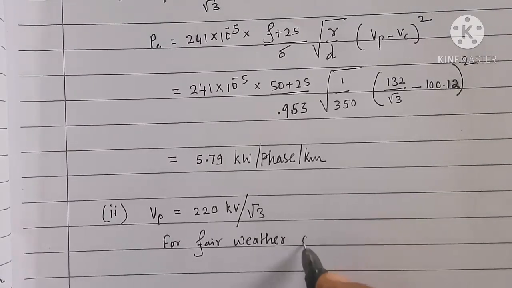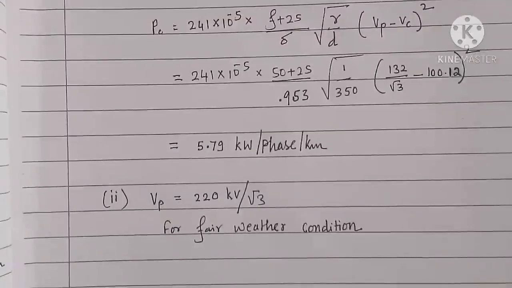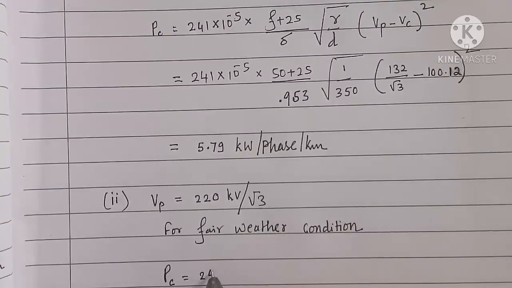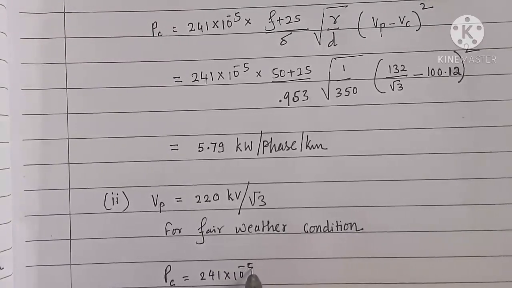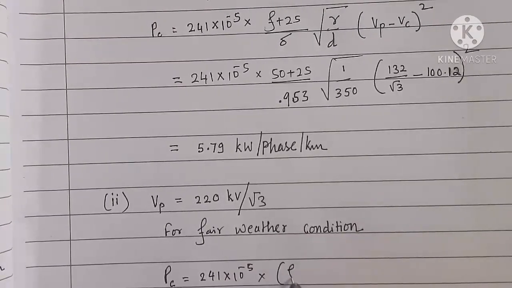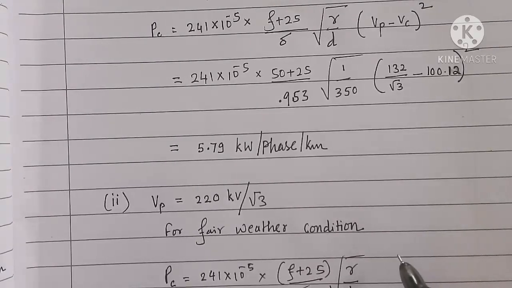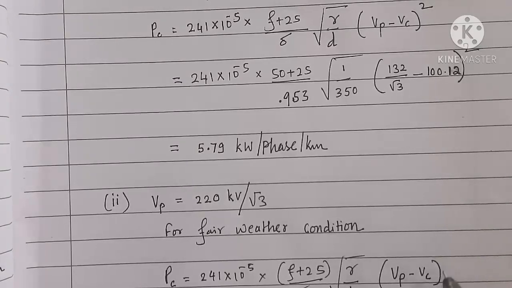For fair weather condition, Pc equal to 241 into 10 raised to minus 5 into F plus 25 divided by delta under root R by D into Vp minus Vc whole square.